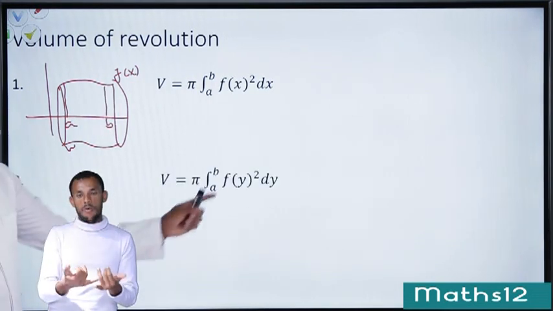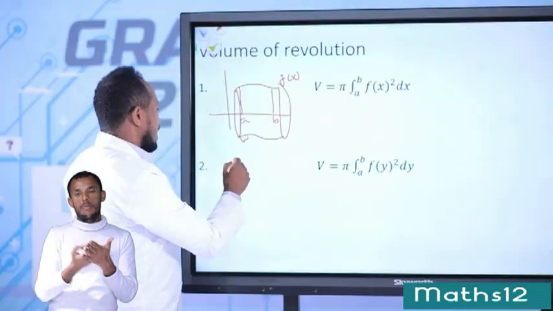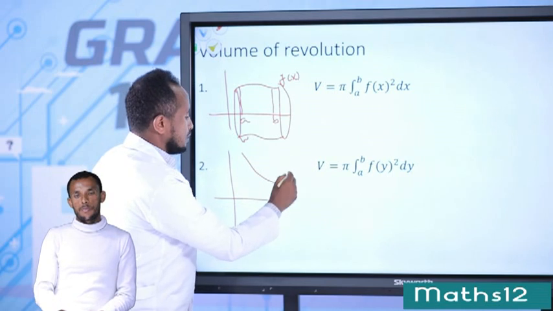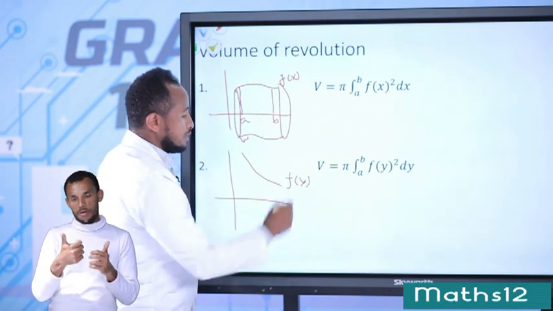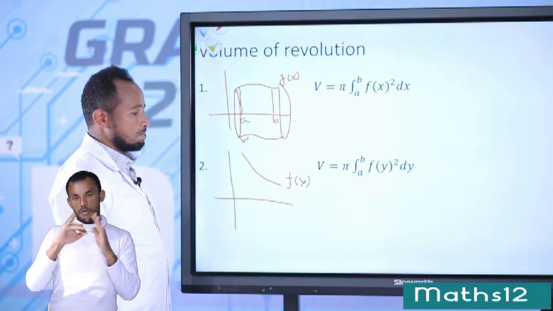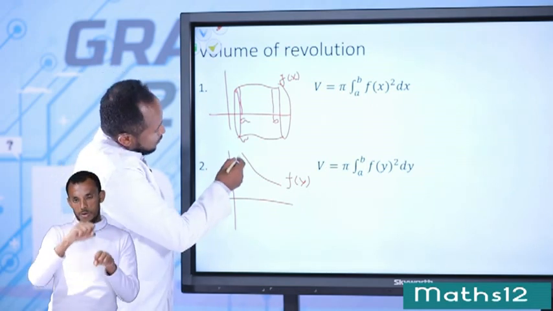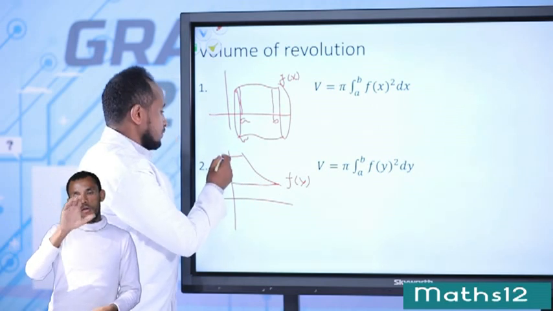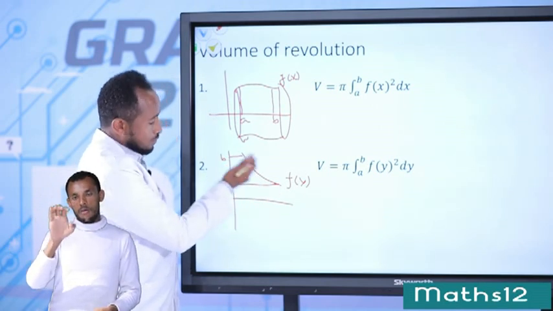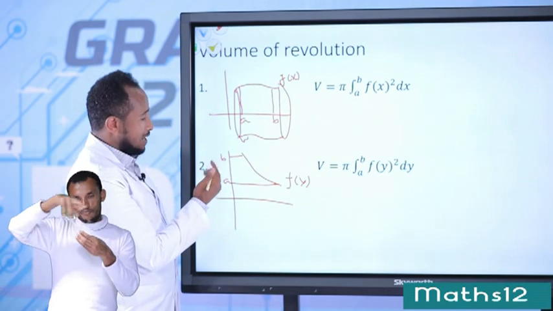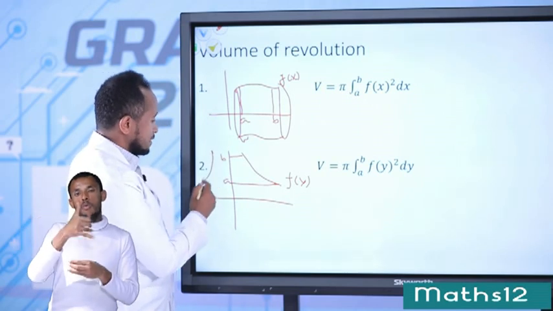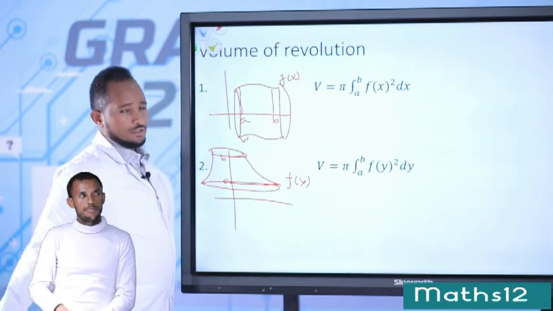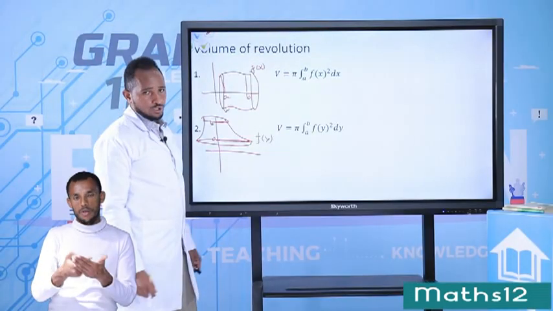Now, for the other case, sometimes you may have such a function written in the form of y. So if you revolve from A to B along the y-axis, you will have this region, this solid of revolution.